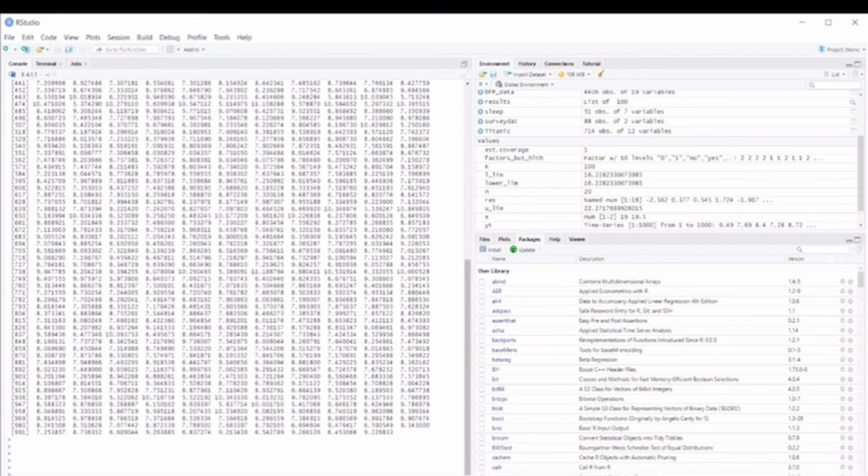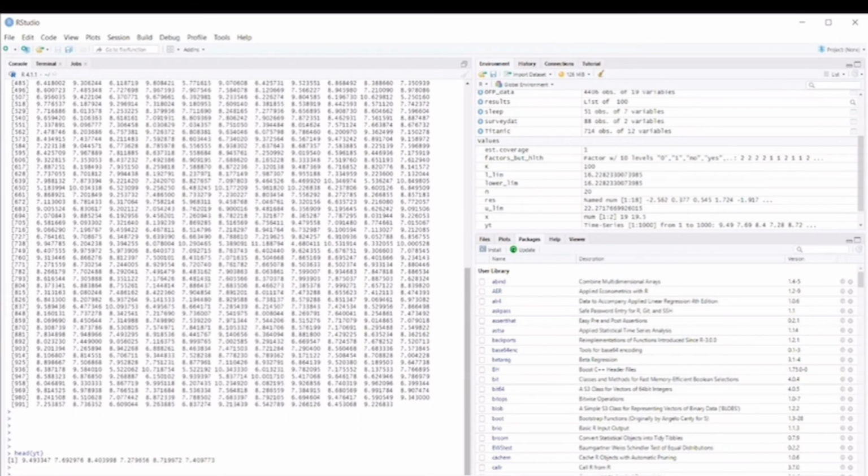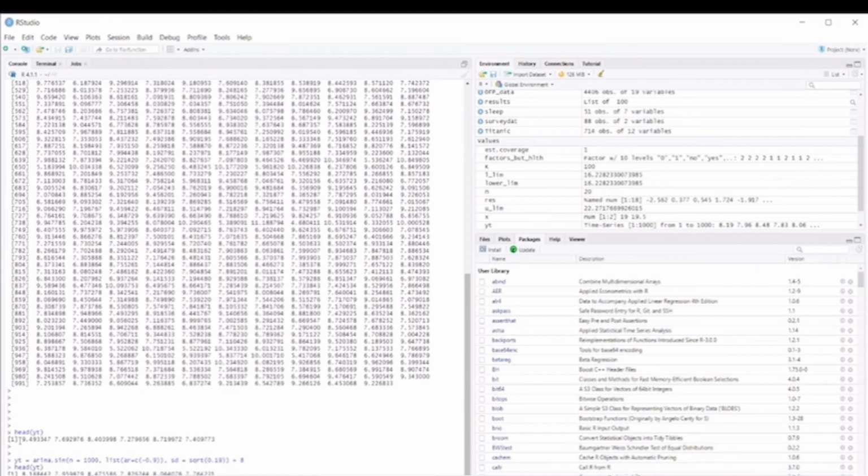Because I have a lot of data, I just want to see the very first six. That is the very first six. I'm going to run this again and see the first six.